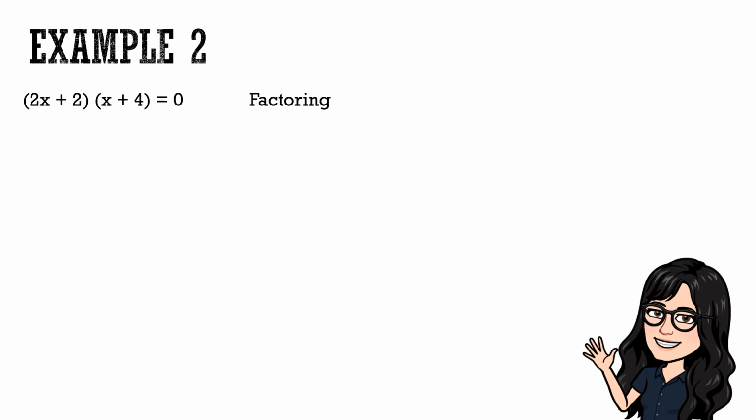The quantity 2x plus 2 times the quantity x plus 4 equals 0. Equate both factors to 0. So the result is 2x plus 2 equals 0 or x plus 4 equals 0.